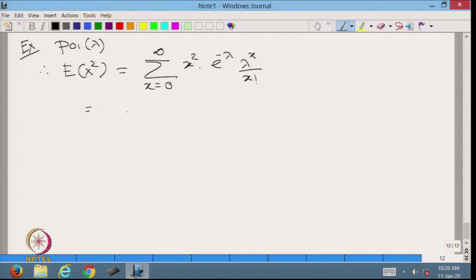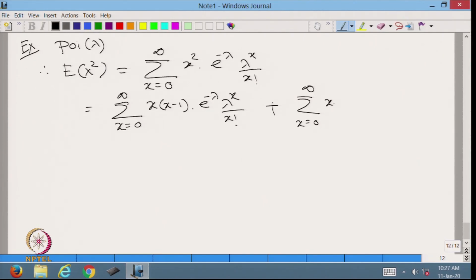In a very similar way we can write it as sigma x equals 0 to infinity of x into (x minus 1) e to the power minus lambda lambda power x upon factorial x, plus sigma x equals 0 to infinity of x e to the power minus lambda lambda power x upon factorial x. This, as before, is going to be the expected value of x, which is equal to lambda.